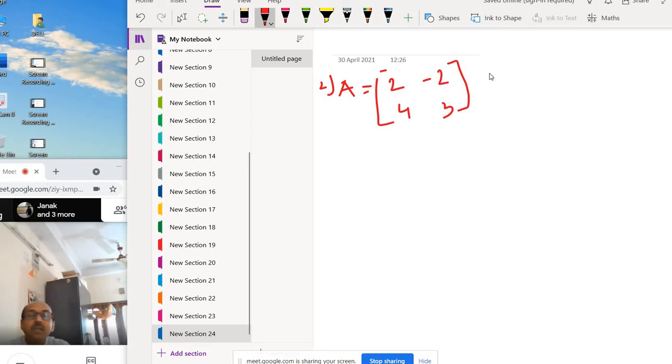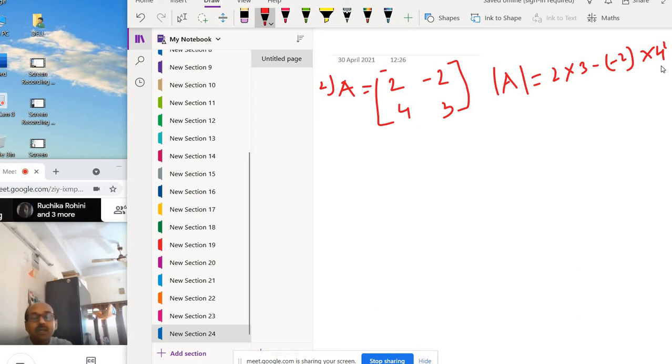Determinant A equal to, we know, product of diagonal elements, 2 into 3, minus 2 into 4, with the middle sign minus.